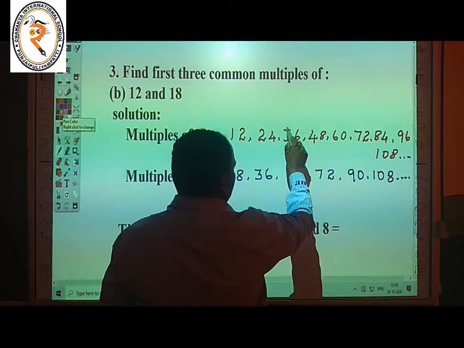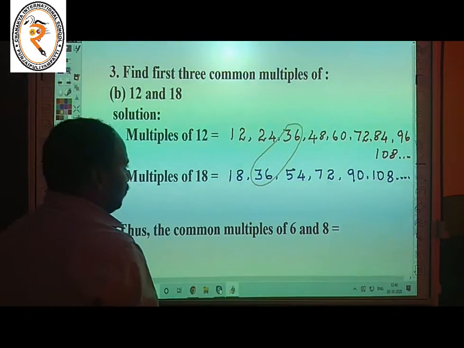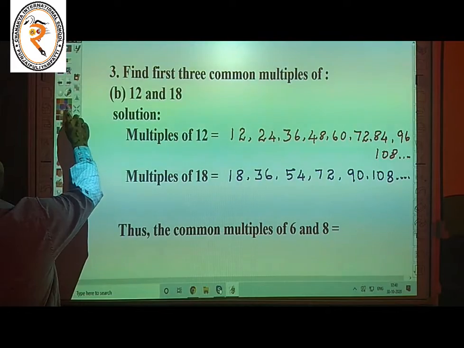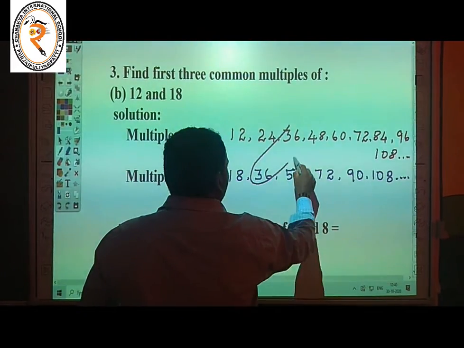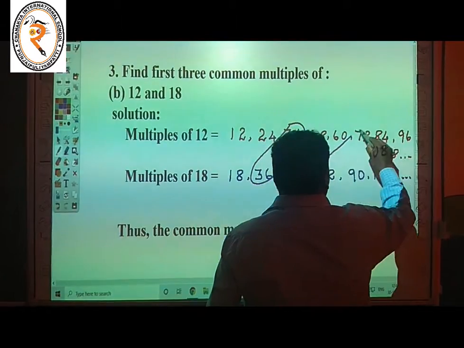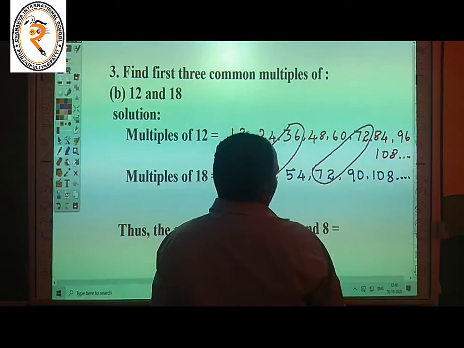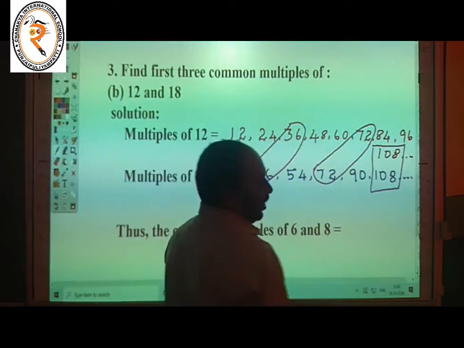The first one is 36. And second one is number 72. The last one is 108.